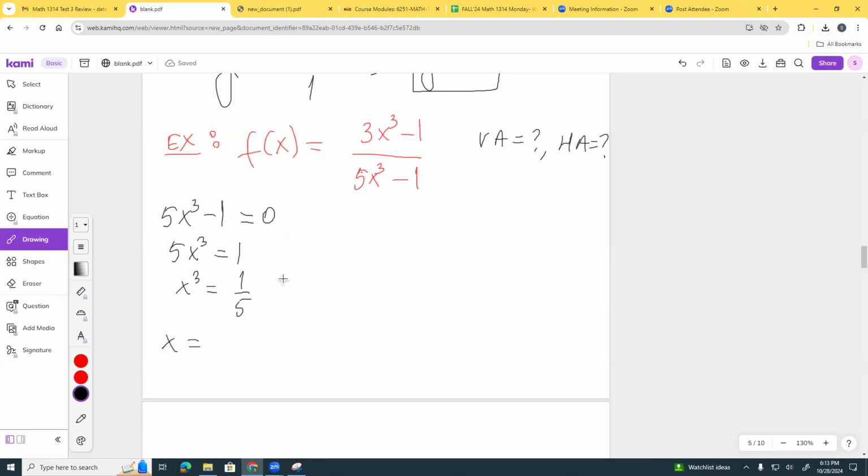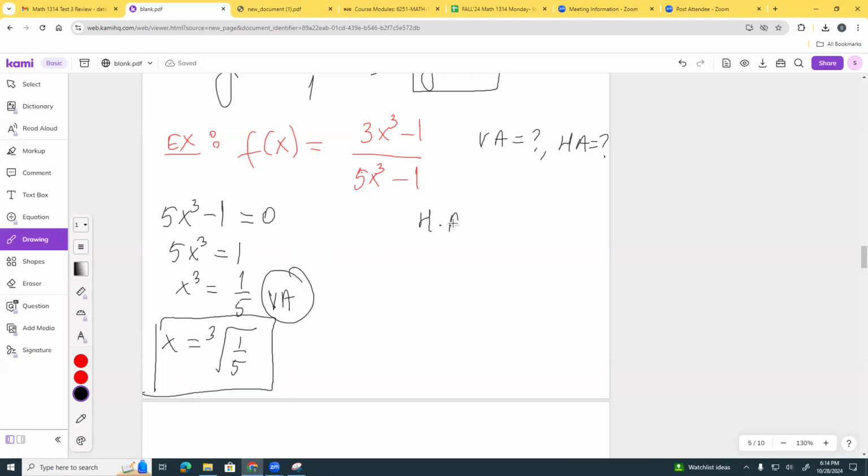I know I didn't pick a nice number here, because x is the cube root of 1 over 5. Don't worry about how I got this answer, but just know that we have only one vertical asymptote here, the cube root of 1 over 5.